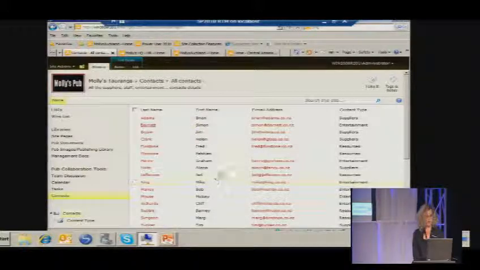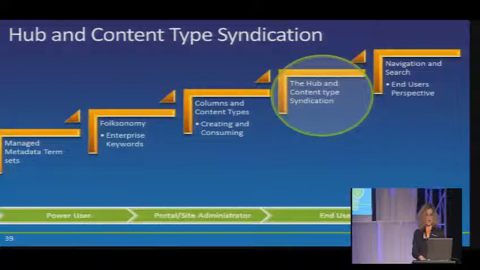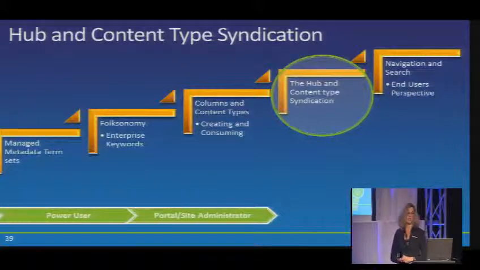Okay, so I'm going to jump into why, so all those content types have been set up at Molly's Pub level. So what's happening now is we're going to talk about the hub and site content and content type syndication.